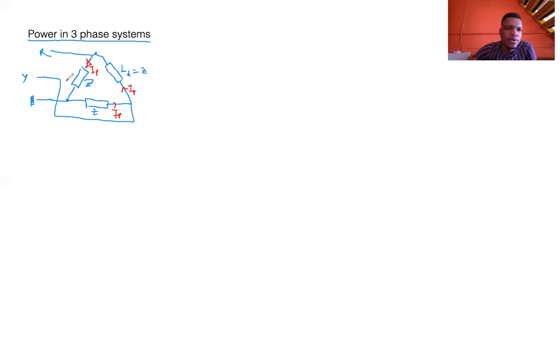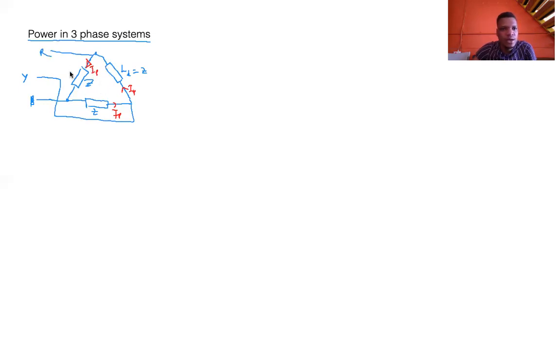Okay, so now when we have current flowing in this load here, this load can have inductance, it can have capacitance. That's why I'm saying this is an impedance. It depends what your load is. So it will have some power factor where the current is now flowing in there. So then we will have power lost here.